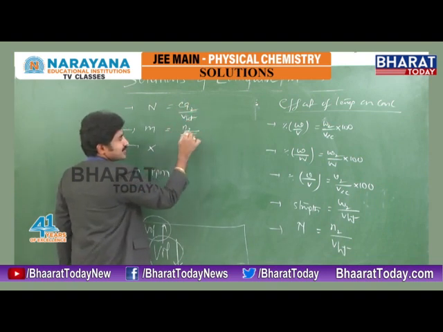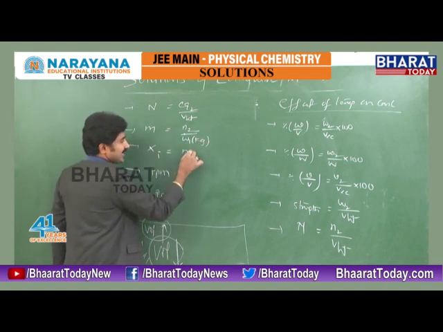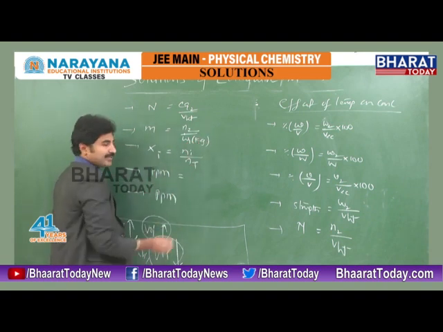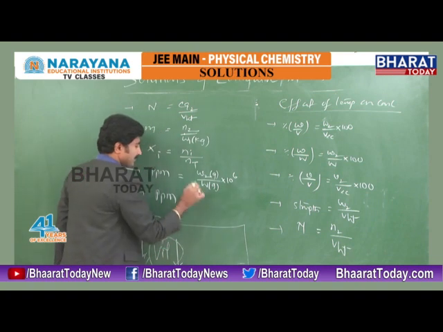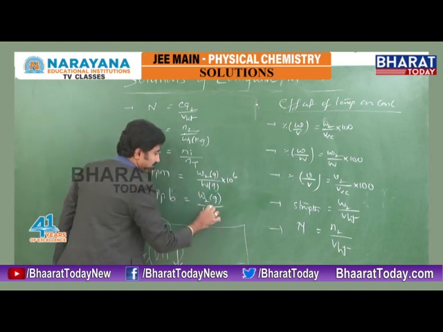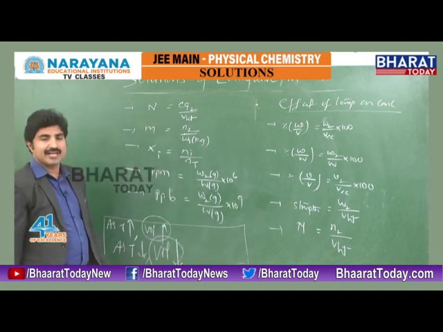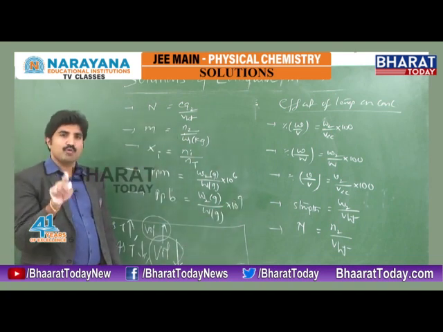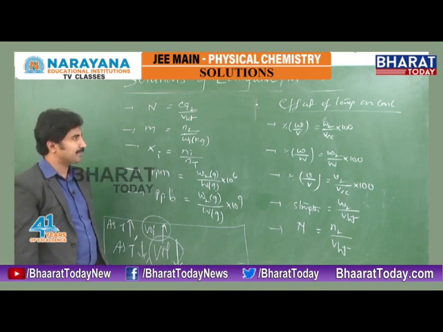This is number of moles of solute by W1 in kg. This is Xi equal to Ni by N total. ppm is equal to W2 in grams by W in grams into 10 power 6. ppb is equal to W2 in grams by W in grams into 10 power 9. Already we know all mathematical expressions. Where a volume term is there, those concentration methods will be affected by temperature.